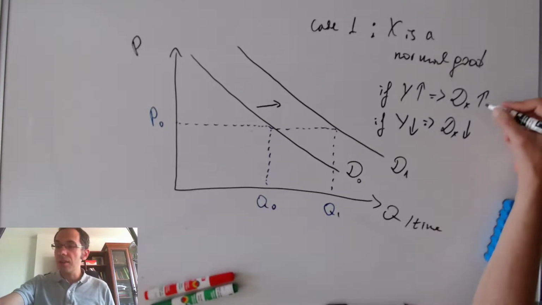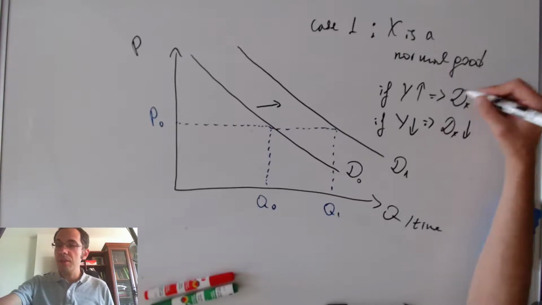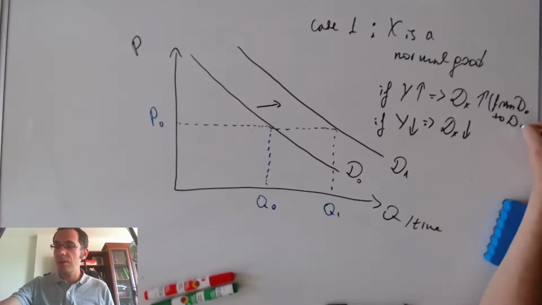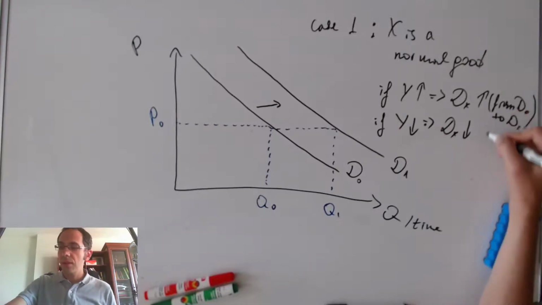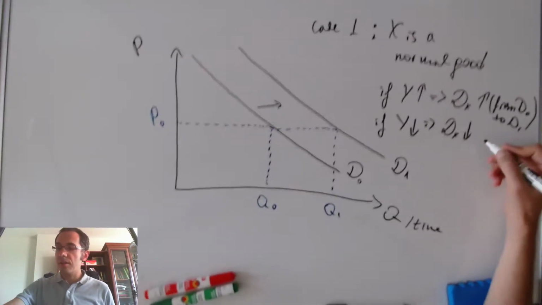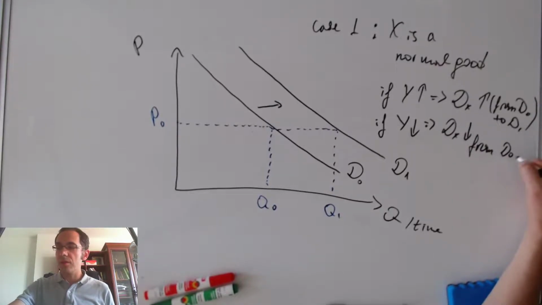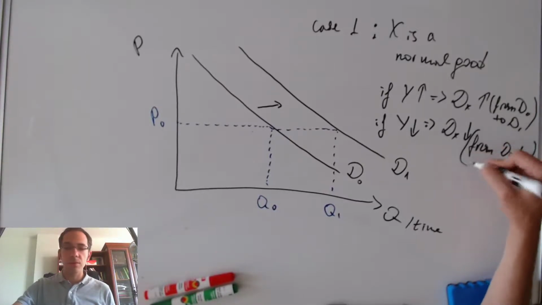So we can say here, in this case, from D0 to D1. And in this case, it will be from D0 to D2, which we're about to draw.